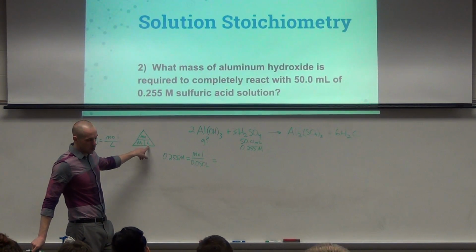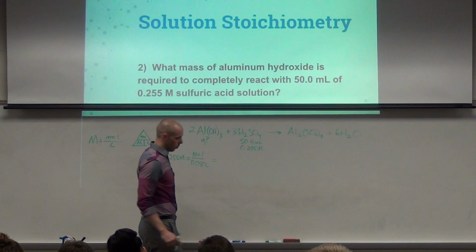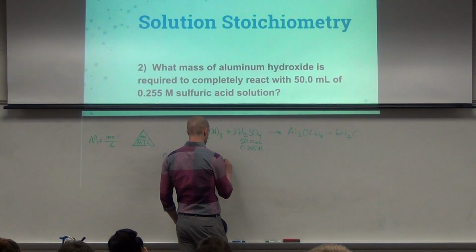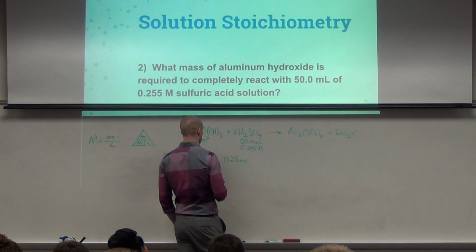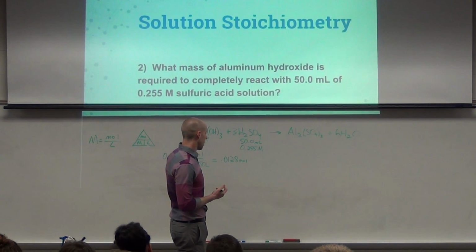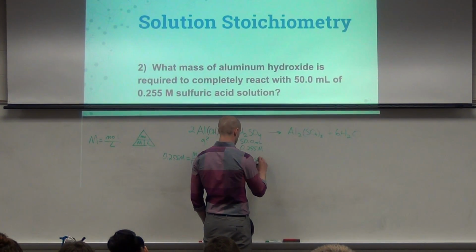That's how we're going to get how many moles we have. So we're going to take 0.255 times 0.05. That's going to give us 0.0128 moles. So that's how many moles of this H2SO4 would be in that sulfuric acid solution. So I'm going to write moles H2SO4.